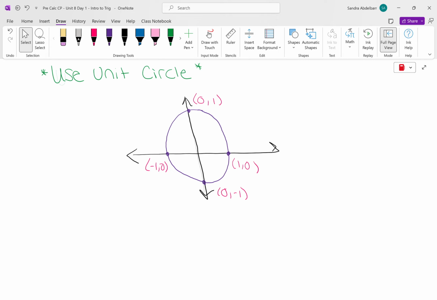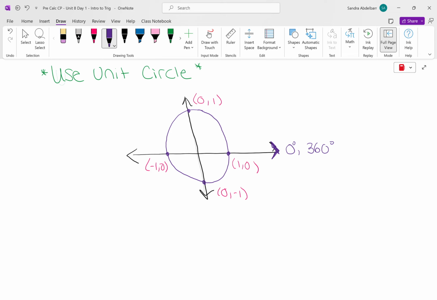Now, if we're looking at our angle measurements, remember the starting point is always the positive side of the x-axis. So this is our 0 degrees, and then it would also be our full circle, which is 360 degrees. What do you think the positive y-axis is going to be? How many degrees?